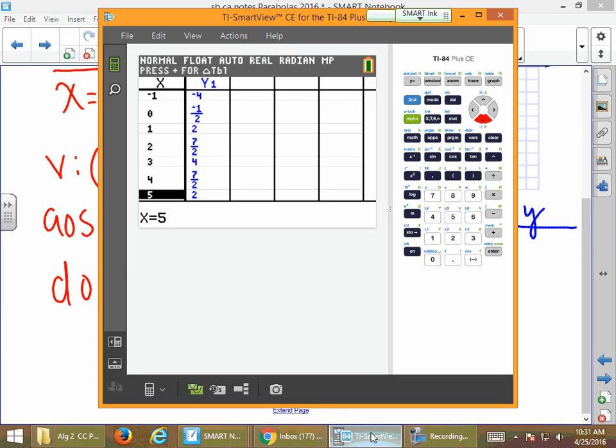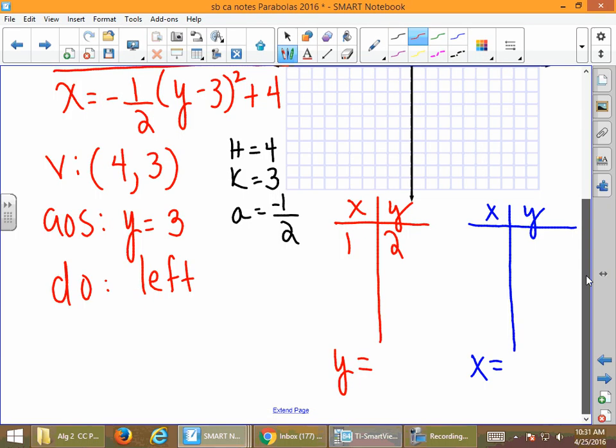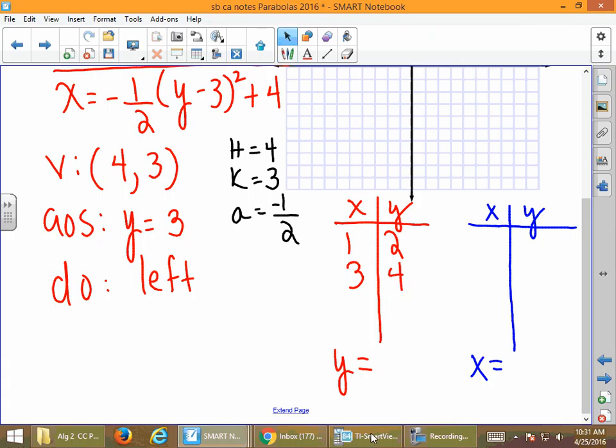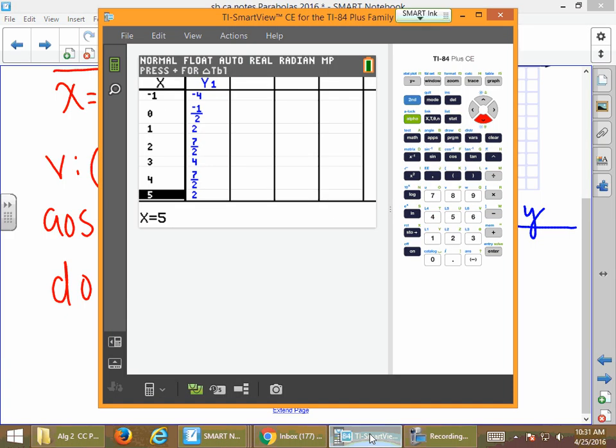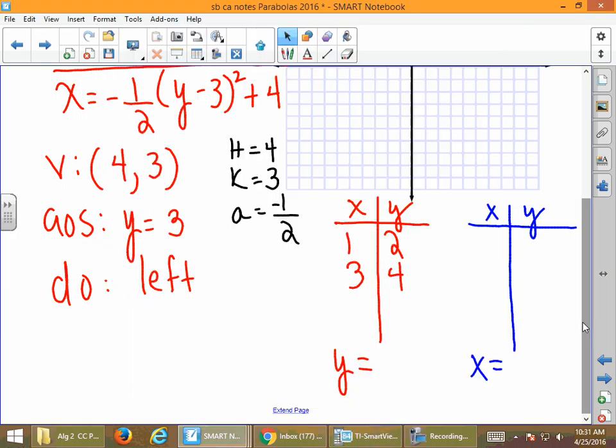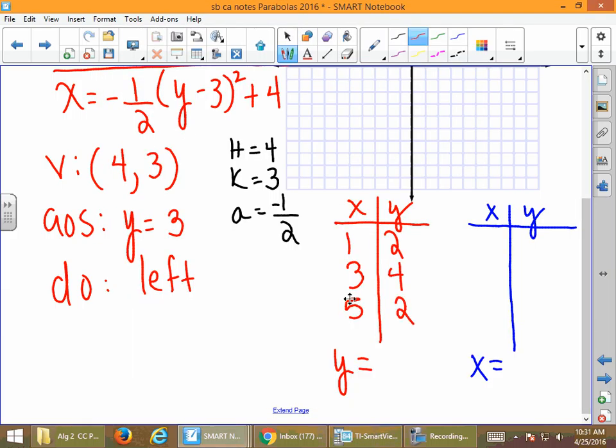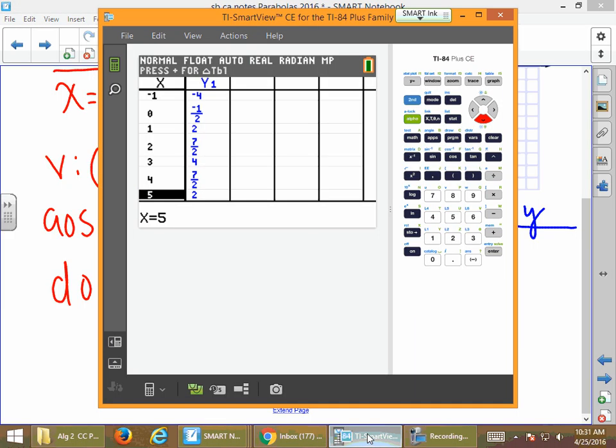If we look at some of the whole number points, I saw 5, 2. And I kind of skipped a point. But what about -1, -4? That's a whole number point.